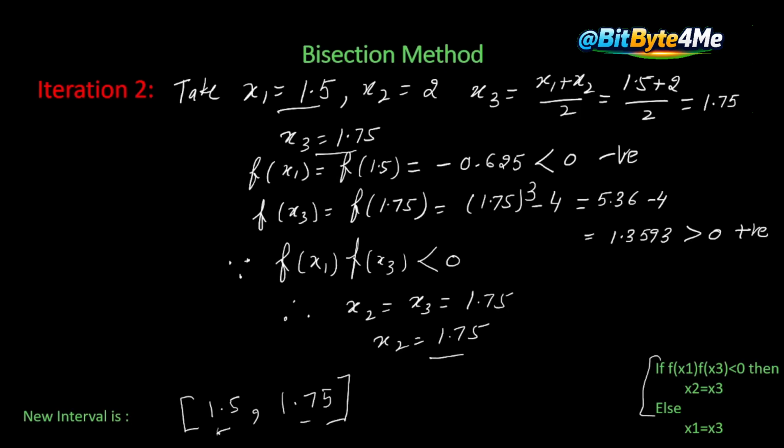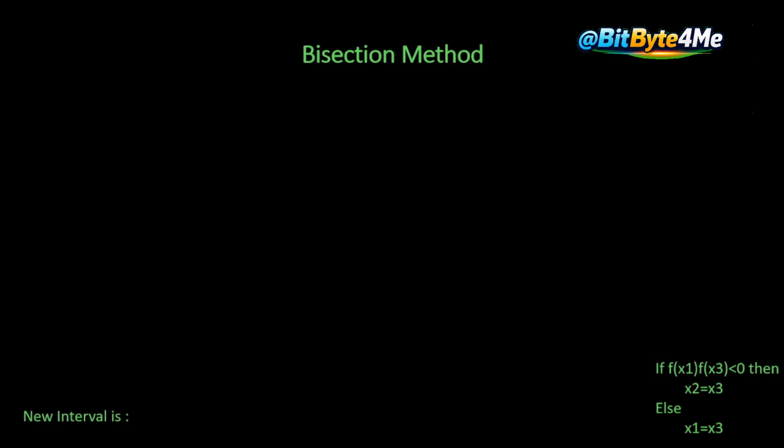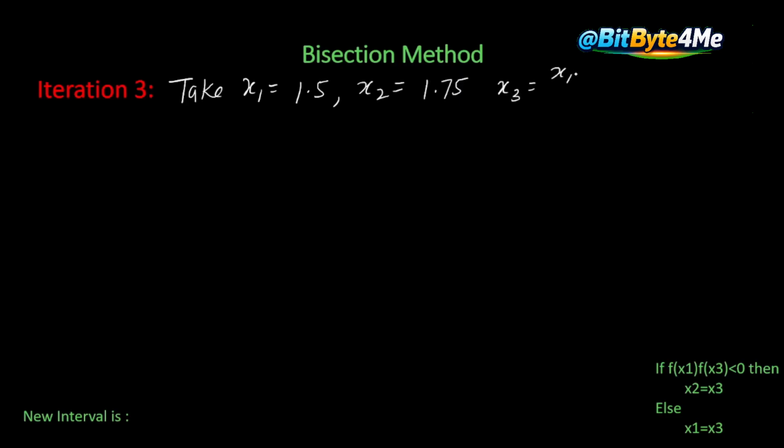So calculate x3, which is (x1 plus x2) divided by 2. Perform the calculation on these and you will get the value 1.625.